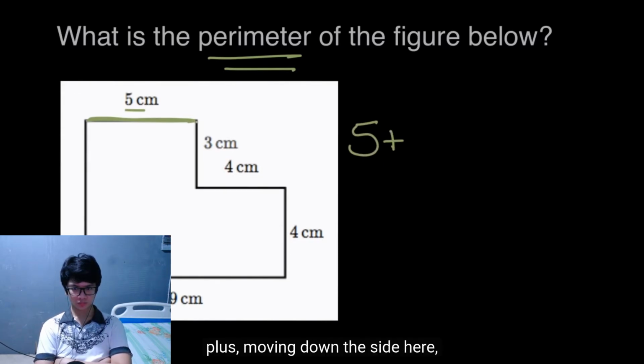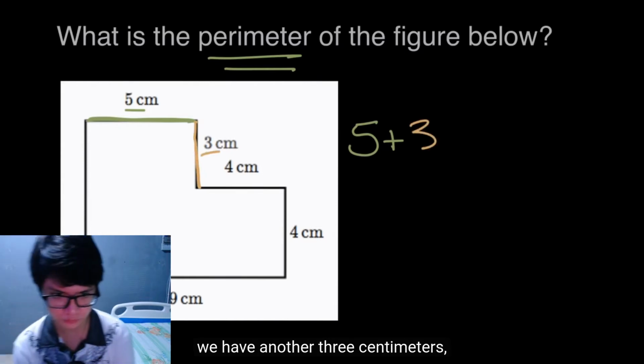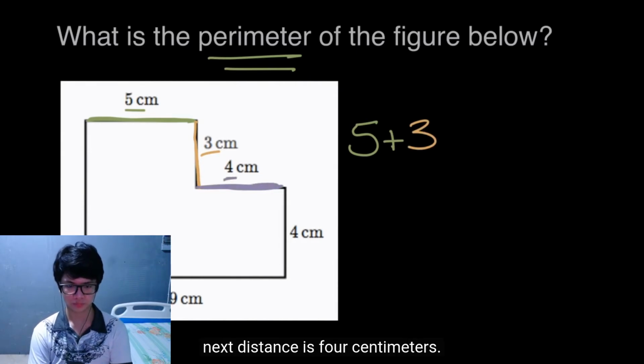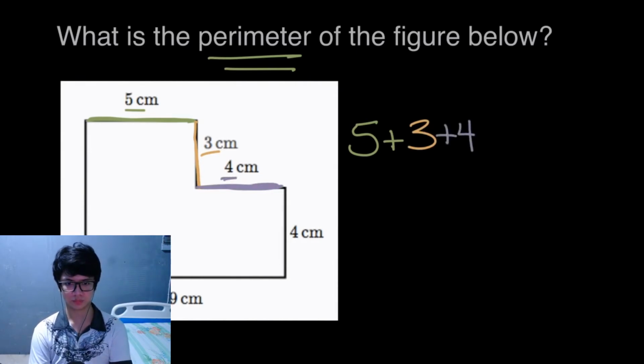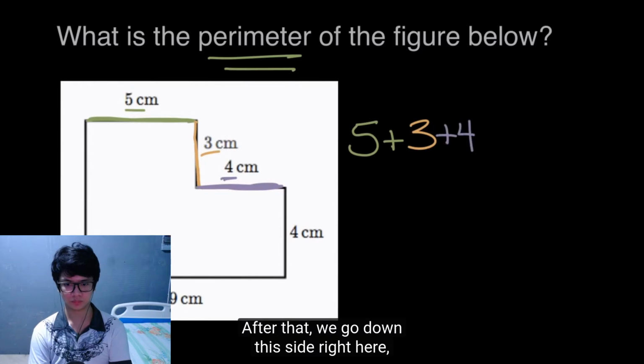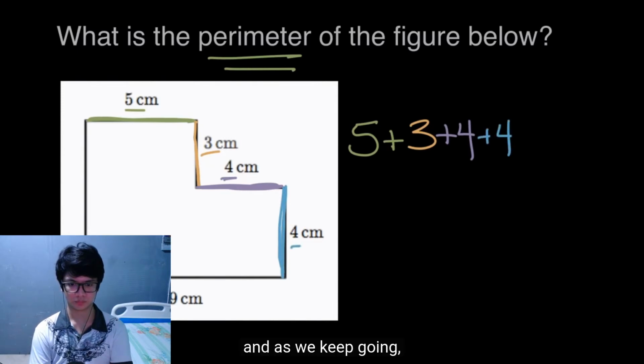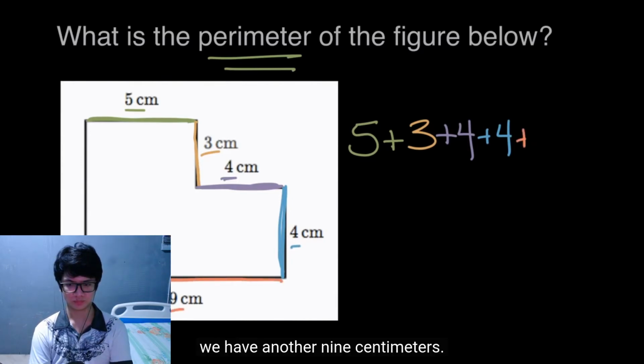Plus, moving down the side here, we have another 3 centimeters. And then going across, the next distance is 4 centimeters. After that, we go down this side right here, which is another 4 centimeters. And as we keep going across the bottom, we have another 9 centimeters.